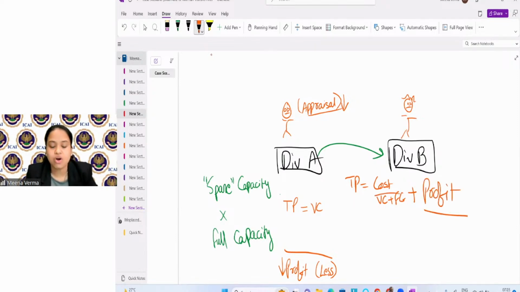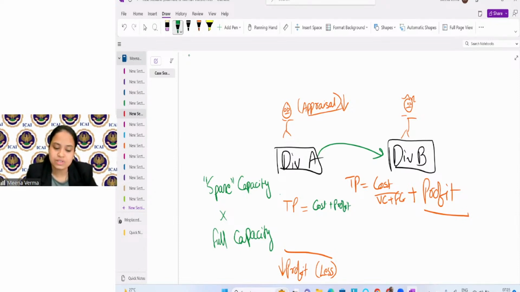So the transfer price will include both the total cost and the profit. In this way, the transfer price for this division will not be variable cost. It will be total cost plus profit.